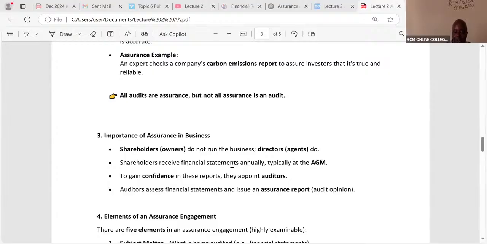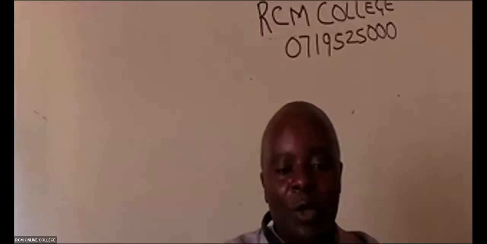Shareholders receive financial statements annually, typically at the AGM. To gain confidence in these reports, they must appoint auditors. Auditors assess financial statements and issue an assurance report. What is known as what here? An audit opinion.